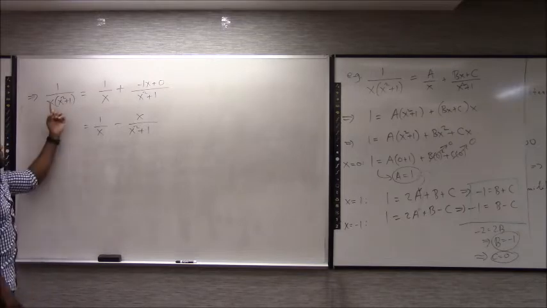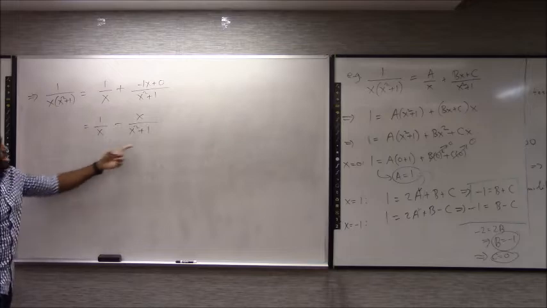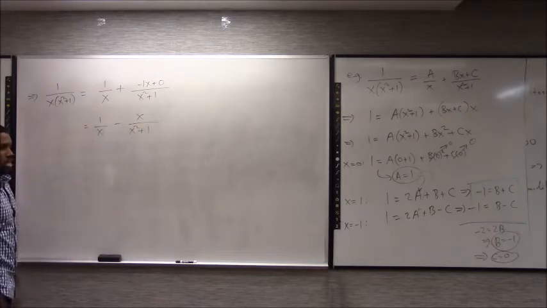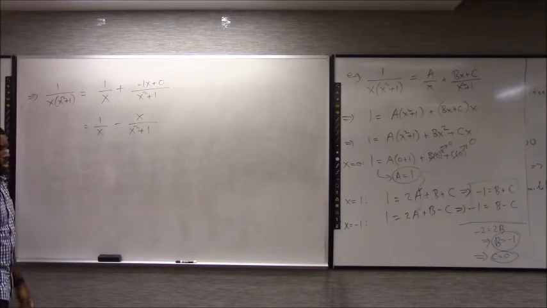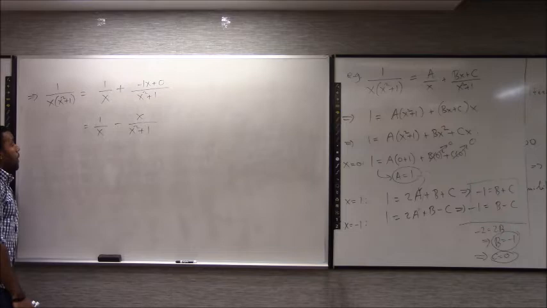However, by realizing that this is that, this thing can be integrated pretty easily. That's just your ln of absolute value of x, and here I would do a substitution, u equals x squared plus 1. And that will give me the 1/2 of ln of x squared plus 1.